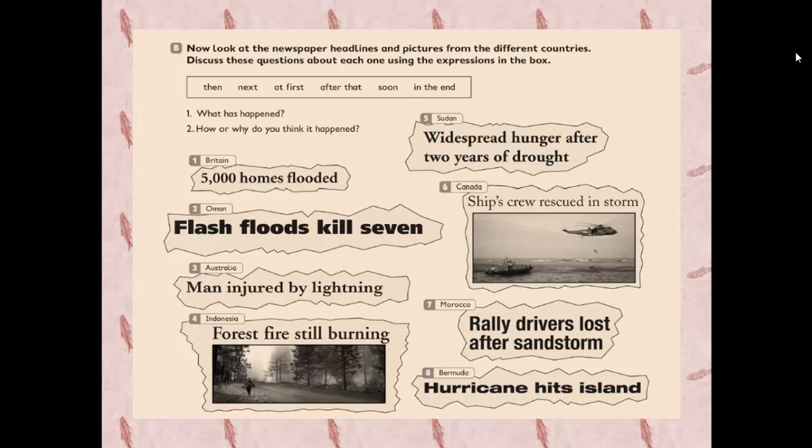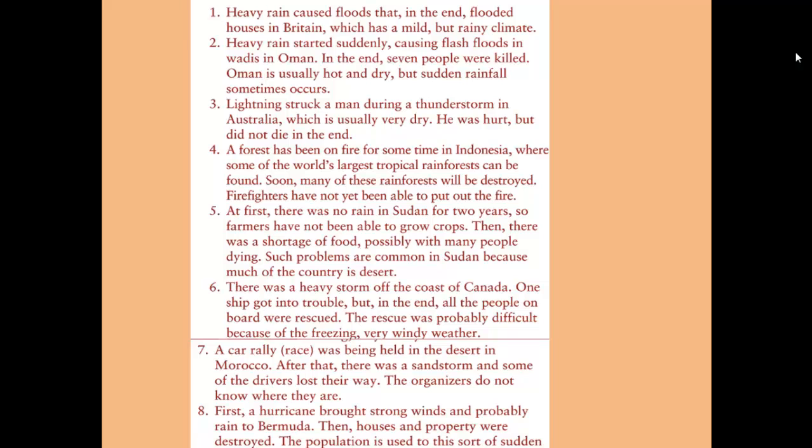Number one, in Britain, we can see something, and we can discuss the state. Here we have heavy rain.